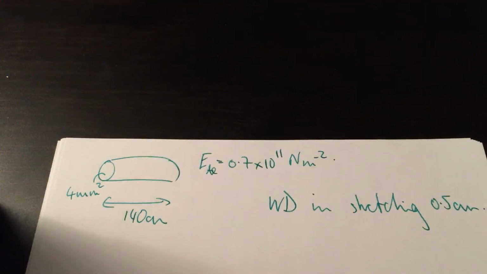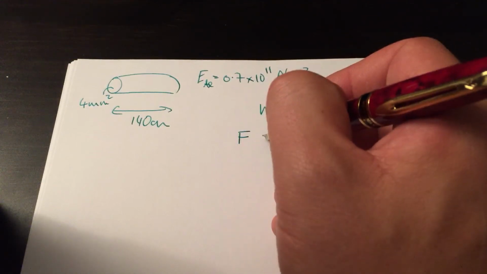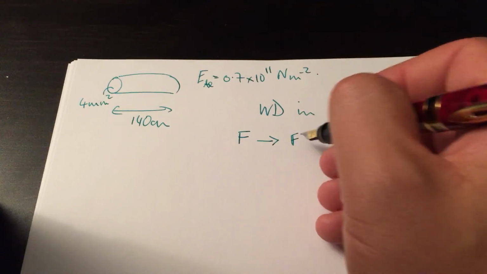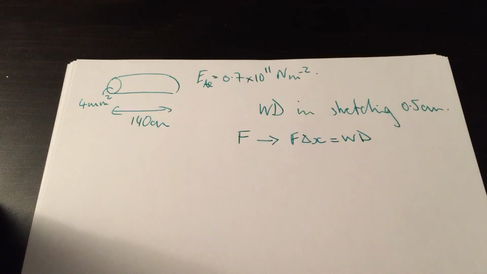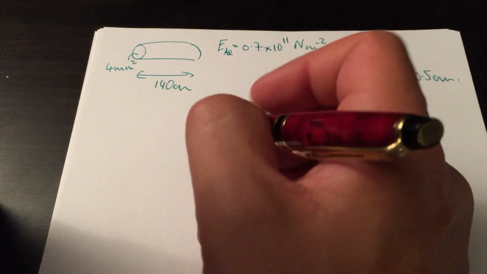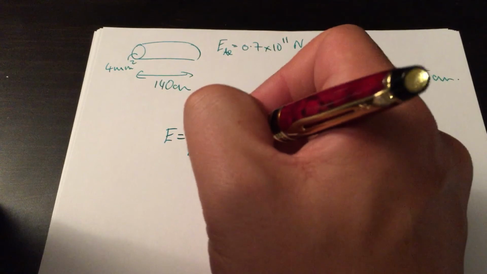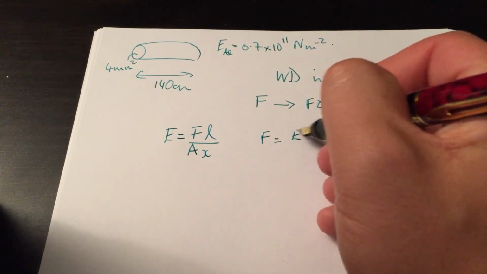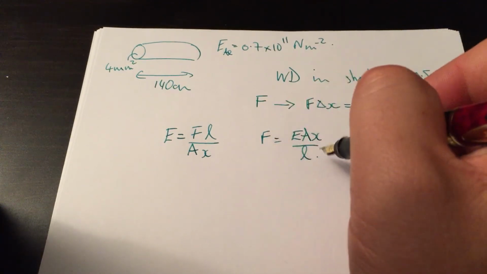Okay, so what do we do? Let's go from scratch again. The work done in stretching. So probably what's best is to work out the force and then work out the force times the extension, giving us the work done. Good, so we're going through much like we did before. Okay, Young's modulus is force over area and x over L. F is therefore EAX over L, but that's the force required to create that extension.